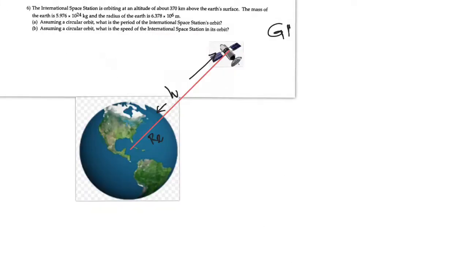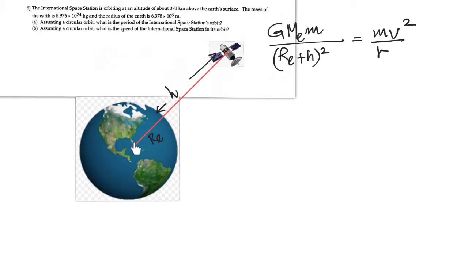And this last question is about the International Space Station. You're asked to find its time period and the speed. Now remember that it is the gravitational force that provides the centripetal force. So the gravitational force is G M_E times m by distance squared, which is the sum of the radius of the Earth and the height above.